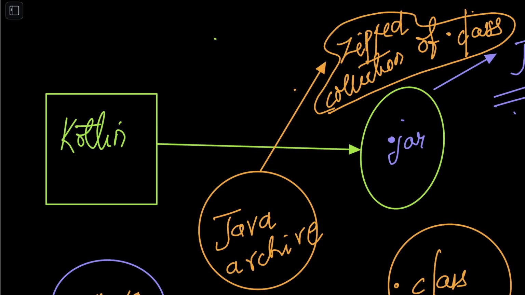So the jar is there now, and now I need to run the jar. So java hyphen jar main.jar. This is like running a normal Java file. We make sure that we have the runtime present here.